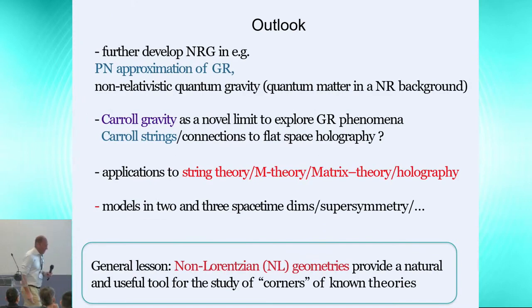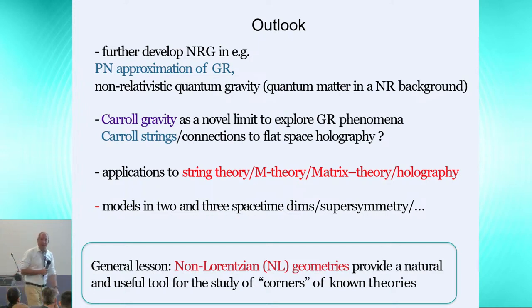Okay, I could make a longer list, but just to say, on the pure gravity side, because you don't necessarily have to be interested in string theory to look at these things, there are quite some interesting things still to do with this geometric approach: understand post-Newtonian approximations, applications to non-relativistic quantum gravity, explore the Carroll side more, the string theory side that I said, various generalizations.